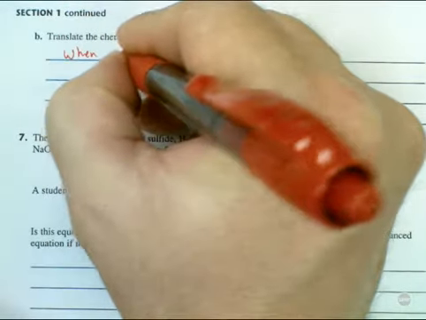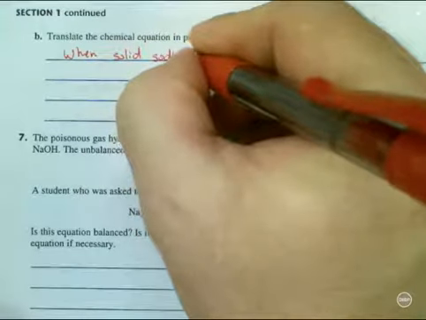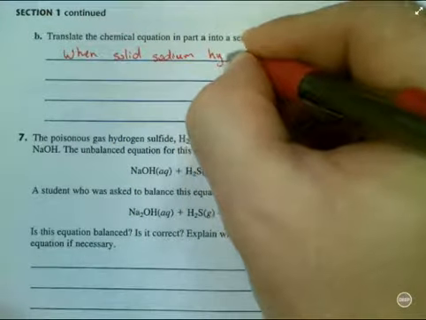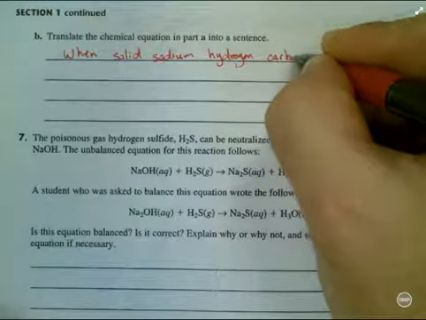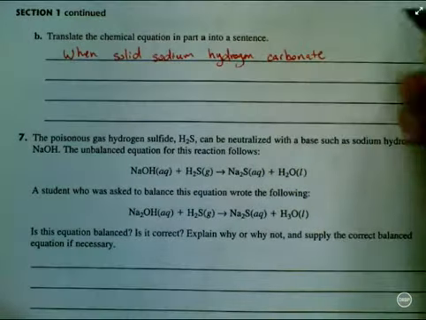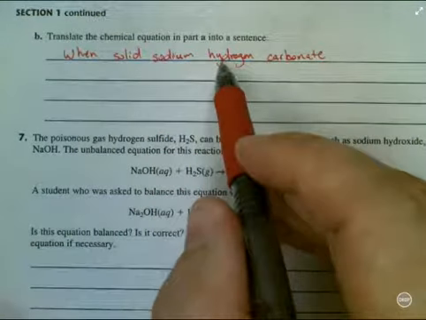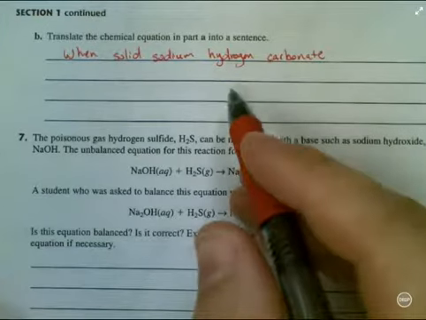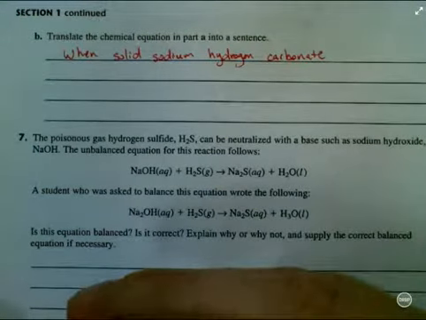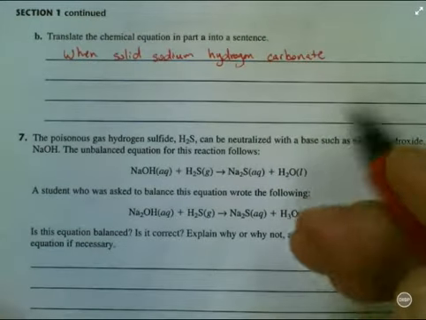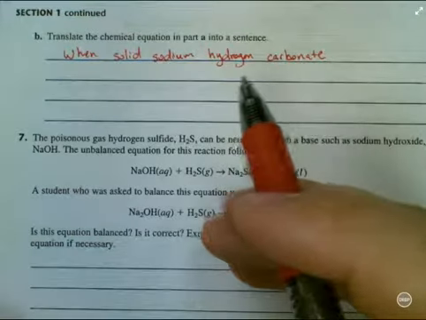When solid sodium hydrogen carbonate. Now, some of you asked about that HCO3. Like, the CO3, that's carbonate, but what do I do with this hydrogen? Well, keep on sliding down that polyatomic ion sheet, and you're actually going to see that HCO3 is its own polyatomic ion, and it's called hydrogen carbonate.